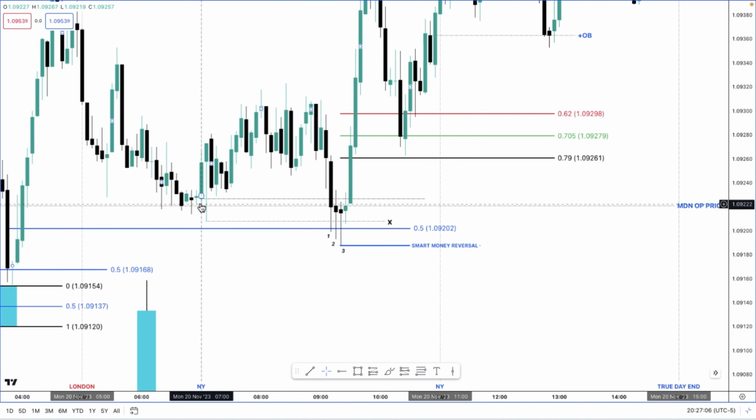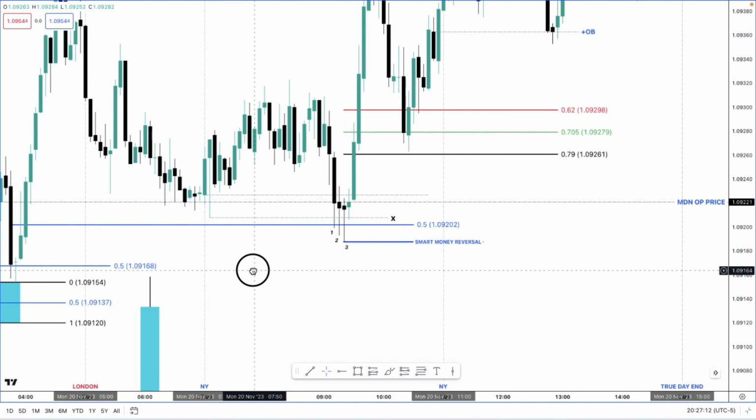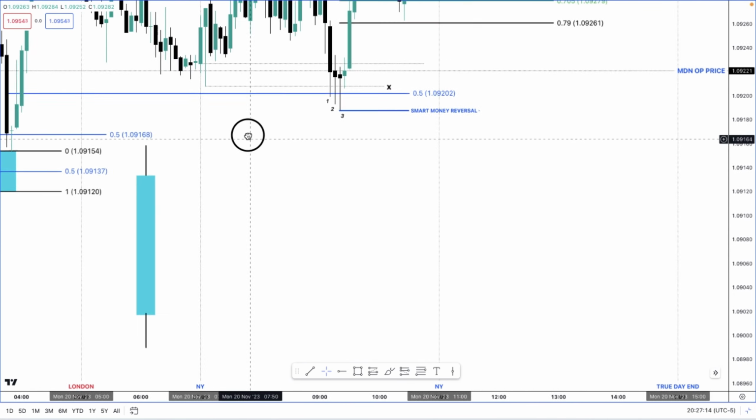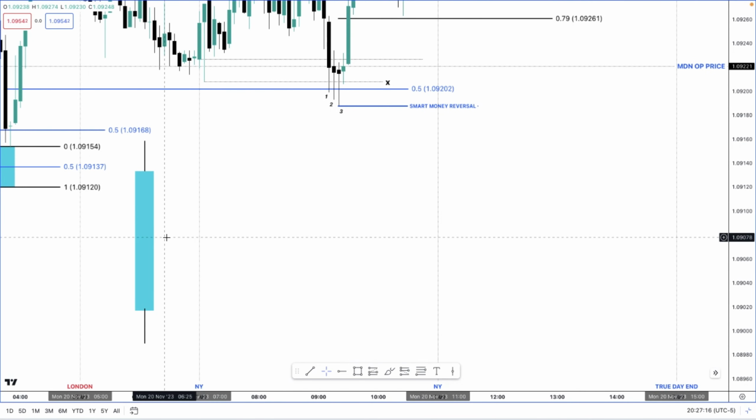If the continuation will begin at 7 a.m. and we know that for a continuation we're expecting a buy, and we know that in order for price to buy, it first has to open here, print the low of the candle and then print the high of the candle and then retrace into the close.